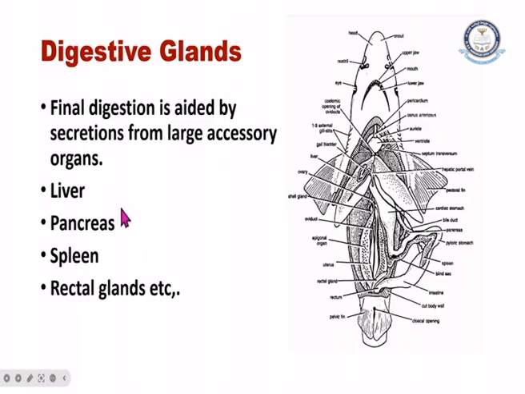Digestive glands. Final digestion is aided by the secretions from the large accessory organs, that is liver, pancreas, spleen and rectal glands. In any organism, along with the digestive alimentary canal, the digestive glands are a must, because without these secretions digestion will not occur. Digestive juices are the main parts which help in digestion.